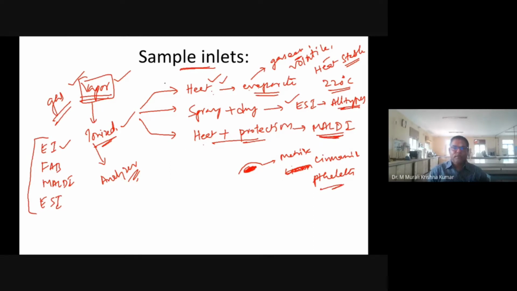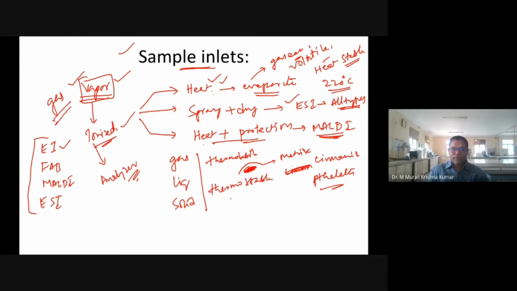In this way, in mass spectrometry, we can analyze gas samples, liquid samples, solid samples, thermolabile samples, thermostable samples.